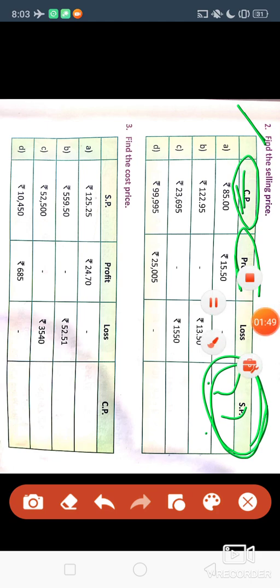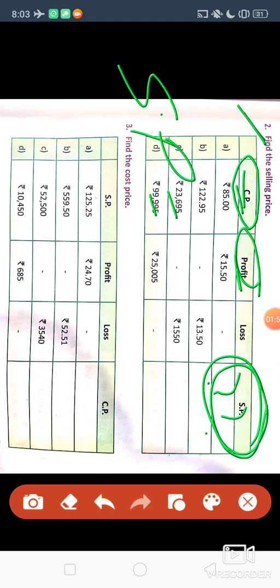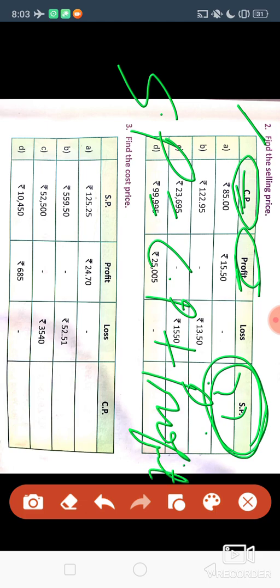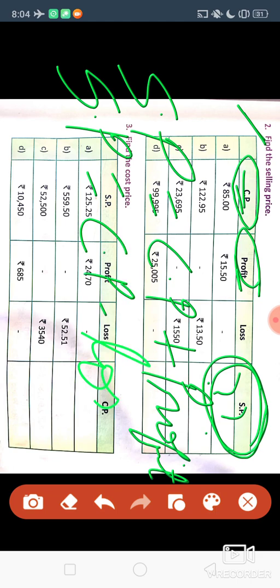Tell me, what is the formula for finding selling price? Two formulas are there. One is selling price is equal to cost price plus profit. Do you remember or not? Another formula for finding selling price is cost price minus loss.